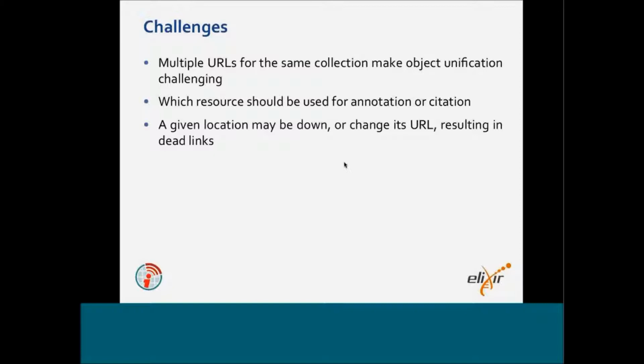And also, when you come to annotate or cite this information, which resource should you be using? And if there are many different locations and one of these locations is down, how do we keep track of these changing URLs and the dead links?